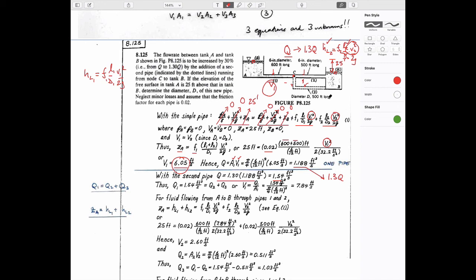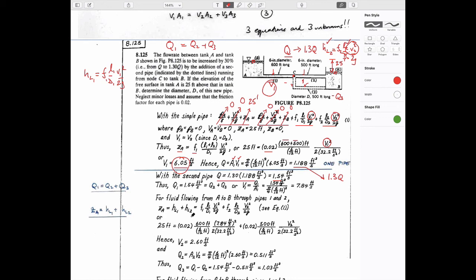Once we have V2, then we can calculate what Q3 would be, because we know Q and we know Q2, and we know that Q1 has to equal Q2 plus Q3, right? By definition. So we could calculate what the velocity would have to be in the pipe, and we could solve another head loss equation to figure out exactly what the diameter would be, which is the remaining part.